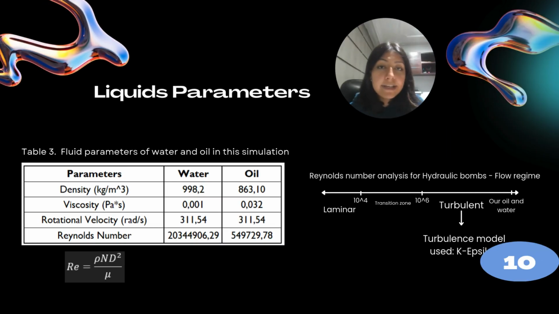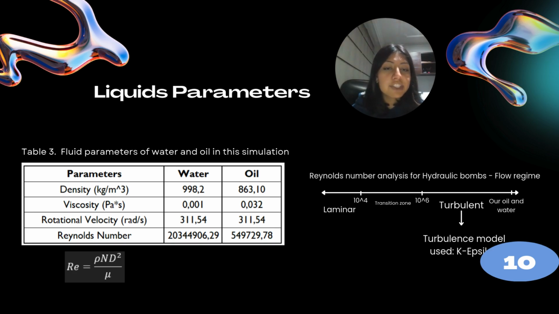Now, regarding the liquid parameters for the water and for the oil, it's necessary to calculate the Reynolds numbers with the density, the viscosity, the rotational velocity, which is the same for the two fluids, and the diameter of the pump inlet. With this result, we can conclude that these fluids are in the turbulent flow regime for hydraulic pumps.